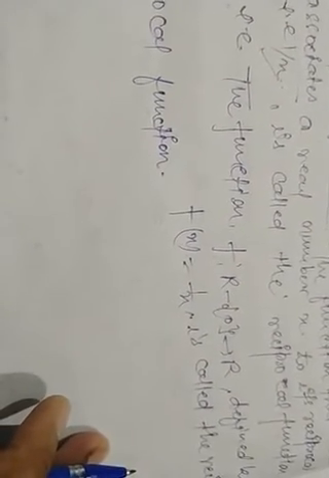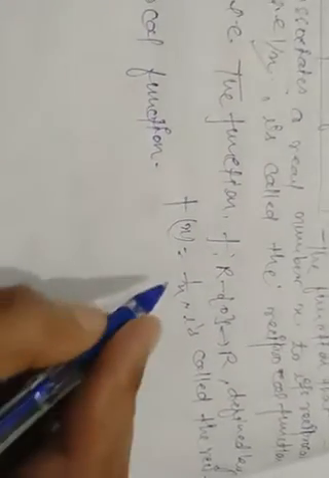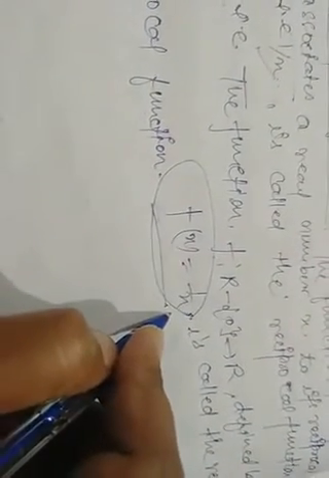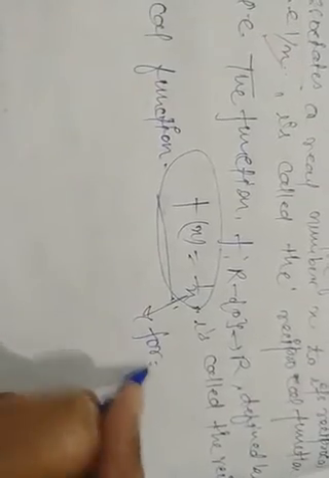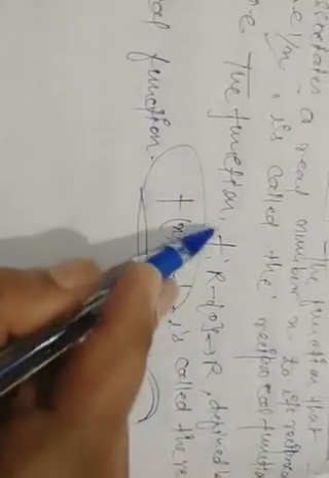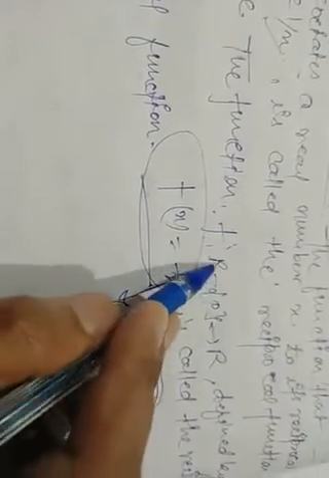One important thing is that here the function f of x, that is 1 by x, is not defined for x equal to 0. So here we write the function f from R minus 0 to R, because this function is not defined at x equal to 0.